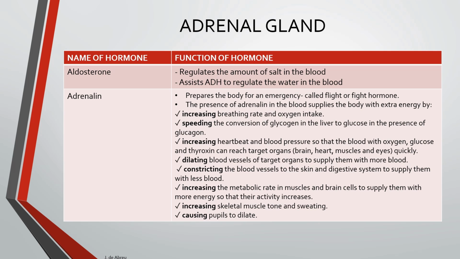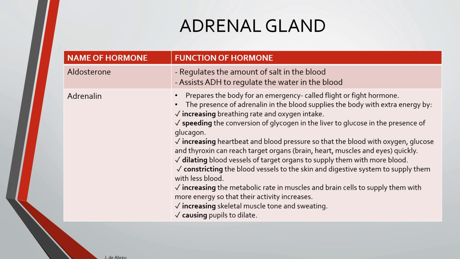Okay, and two vital necessary prerequisites in this whole system were number 1, glucose, and number 2, oxygen. So our body tries to get those molecules, oxygen and glucose, into our bloodstream so that it can go via the bloodstream to the target organs.